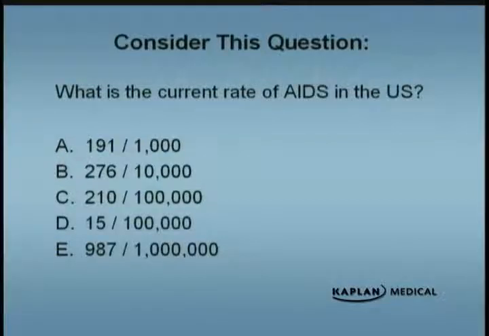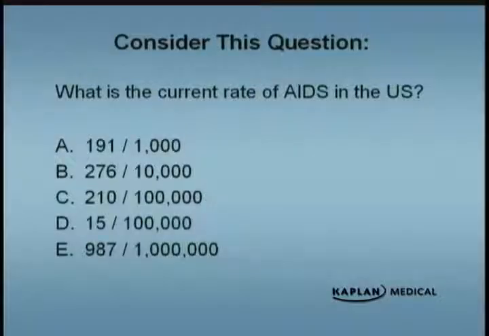But even with this short question, what is this really asking you? What's this question really about? If you're thinking it's about AIDS, sorry, you've missed the issue here, because you don't have to know anything at all about AIDS to get this question correct. This question is not about AIDS, it's about disease rates. This question simply asks you about disease rates in the United States.